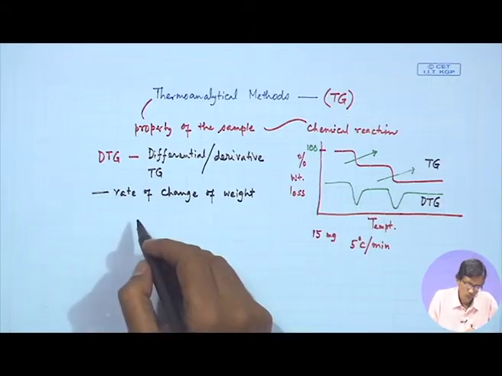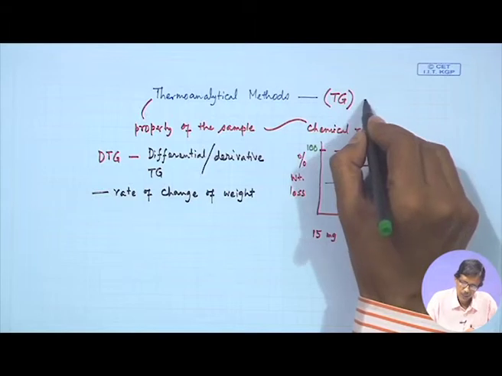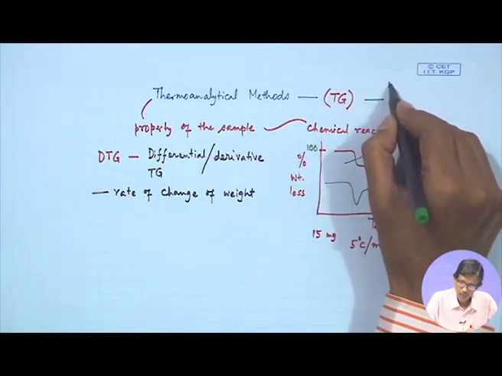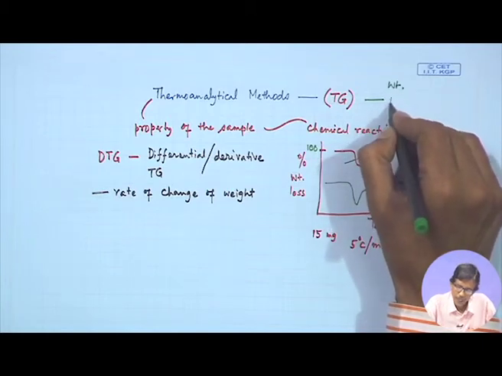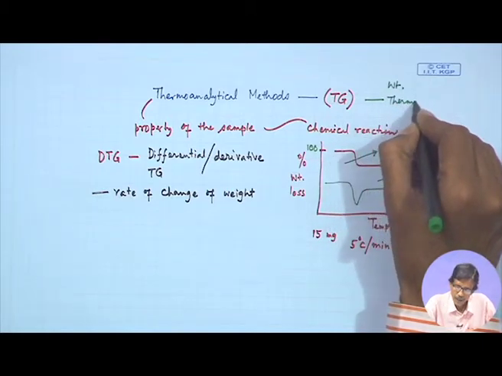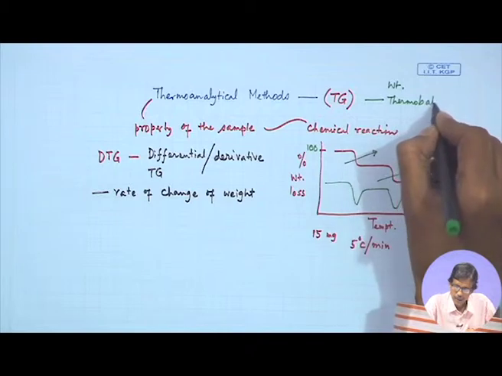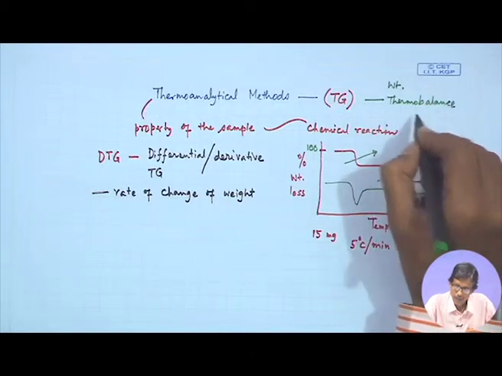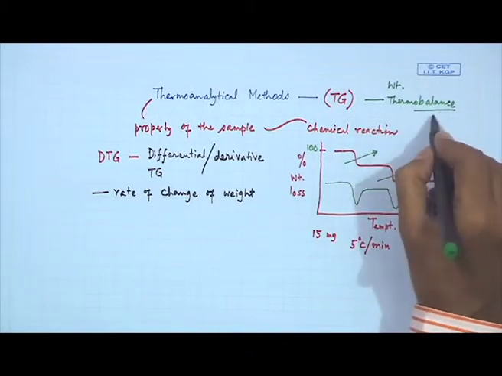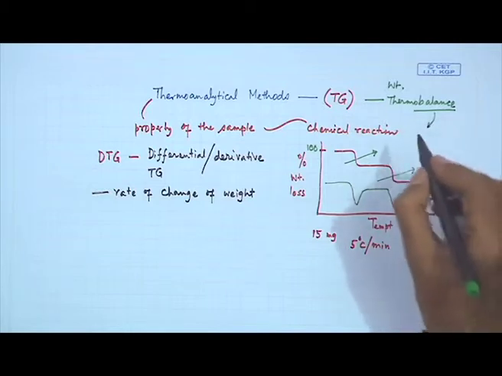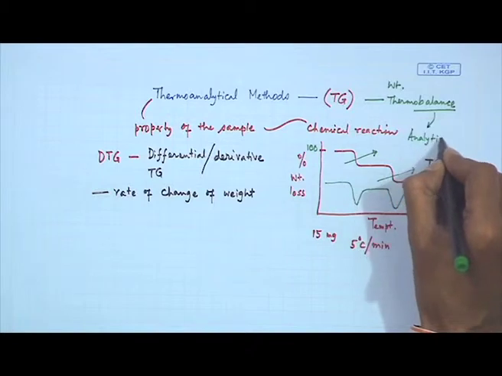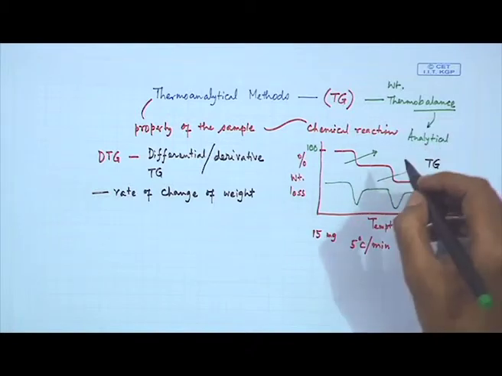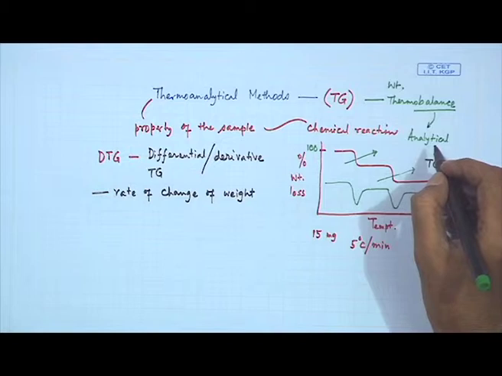So, what we require in case of TG, because we are talking about the measurement of weight, is a thermobalance. Balance we all know, and most of these we call typical analytical balances, and it can monitor a very low weight change.